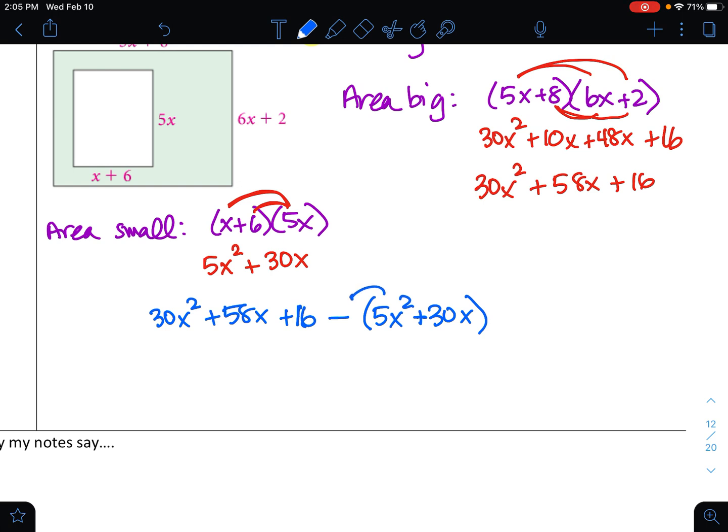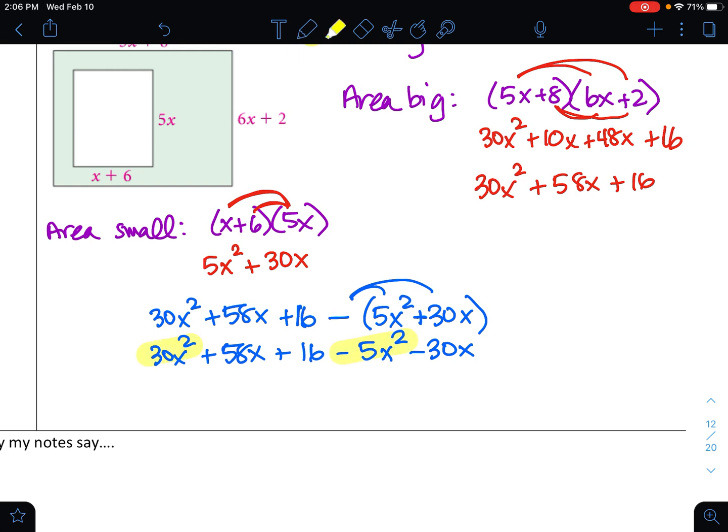So that's going to hopefully prompt me to distribute this negative in. So I'm going to need to take away 5x and take away 30x. So I'm going to bring down the front. Now you might notice that at the beginning and not have to write it in parentheses, but I see so many students take away 5x, but then they end up just adding 30 because they hadn't looked at it from that perspective.